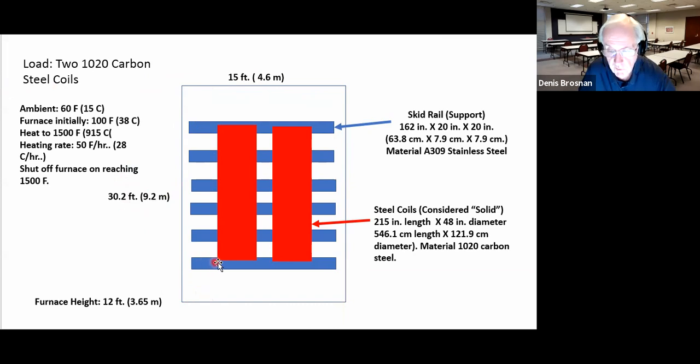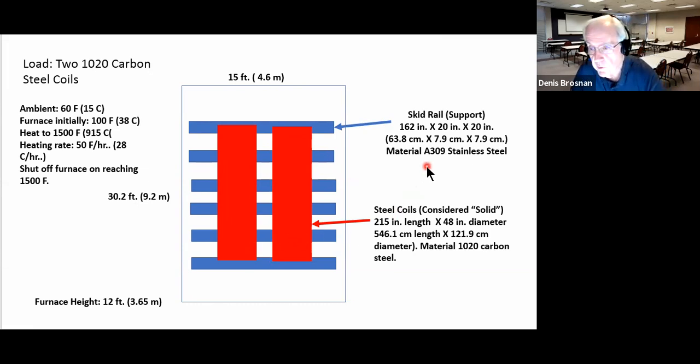It's going to have skid rails arranged perpendicular to the load. The load's in red. These skid rails just allow you to set the load, which is 2 coils here shown in red, right on top of them. You do that to protect the refractory and to encourage heat to transfer around the coils.